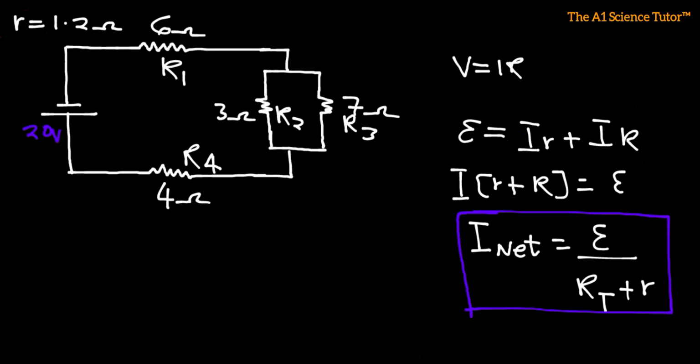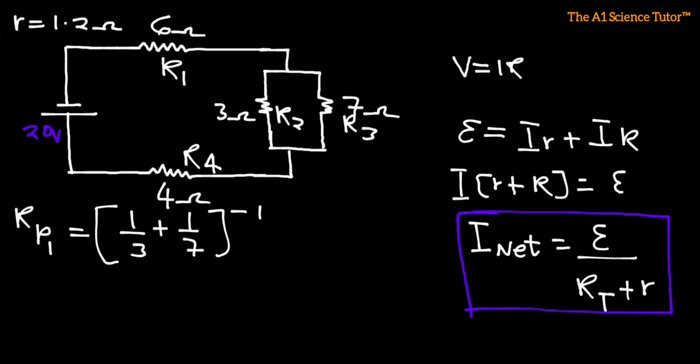Now we need to find the resultant for this parallel connection. I'm just going to call that RP1, the resultant of the first, and only, parallel connection within this circuit. You can easily find that: 1 over 3 plus 1 over 7, all raised to the power of -1.